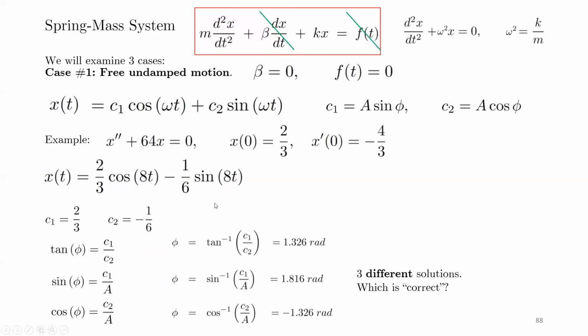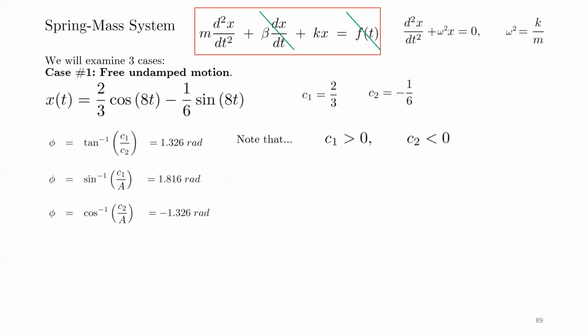So in fact, here we get 3 different solutions, and at the moment we don't know which one is correct. We get 3 different solutions because, of course, sine and cosine are periodic functions and they are offset by 90 degrees, right? So for our system, we need to figure out which one of these phase angles is actually correct.